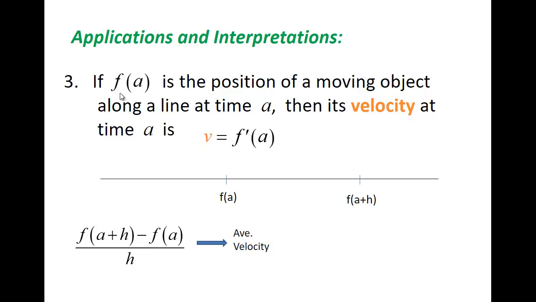So if I take the limit of this as h goes to 0, then I get the derivative of f at a, and that's the instantaneous velocity of the moving object at time a. So if f is the position function of a moving object along a line, then its velocity at time a is given by the derivative of f at a.